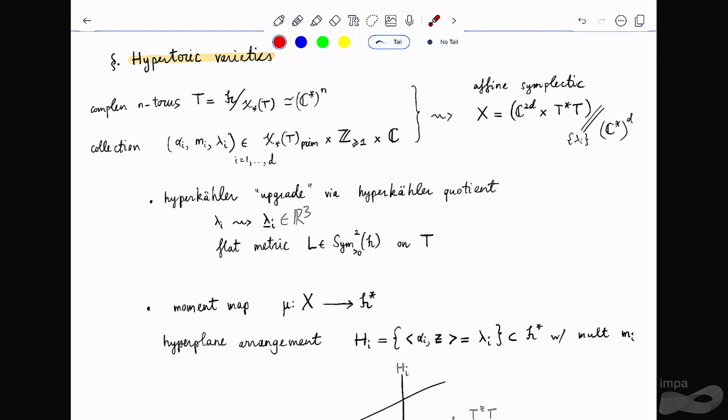The base is flat R3n, and the fibers are flat tori with this metric determined by this matrix L.